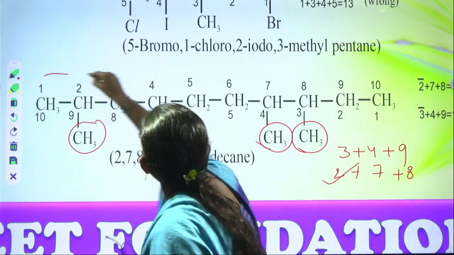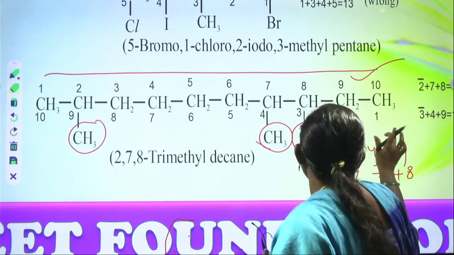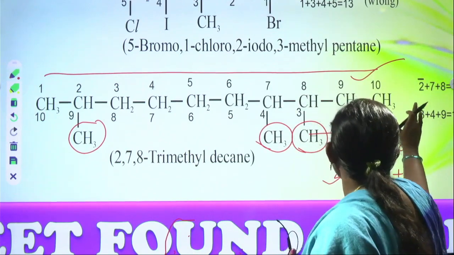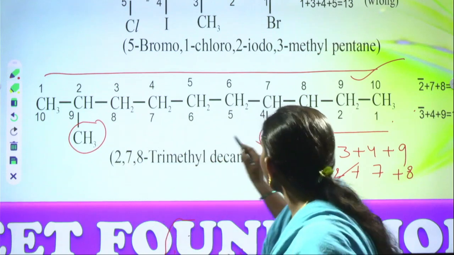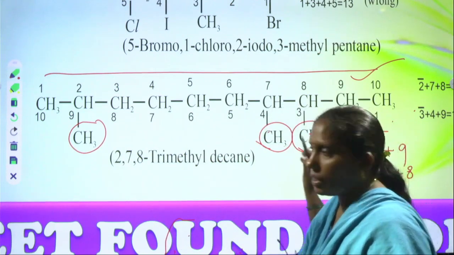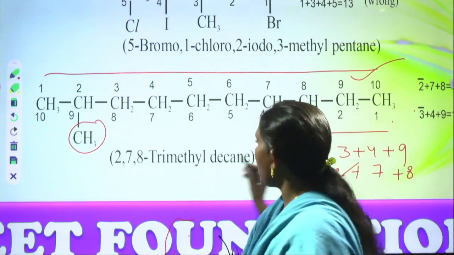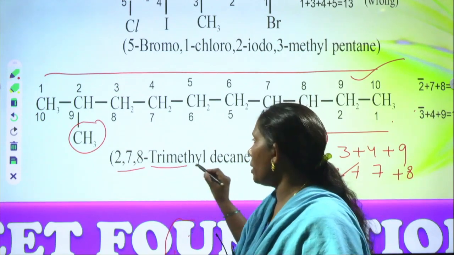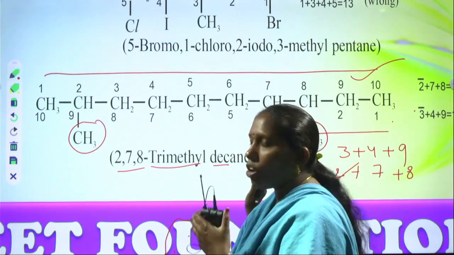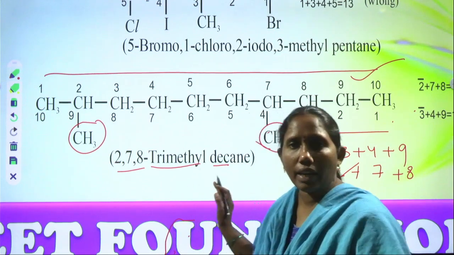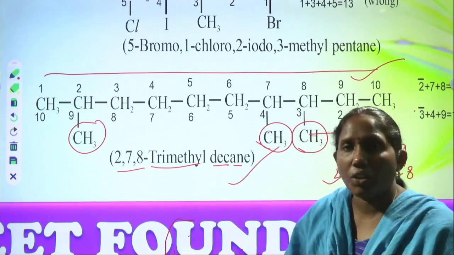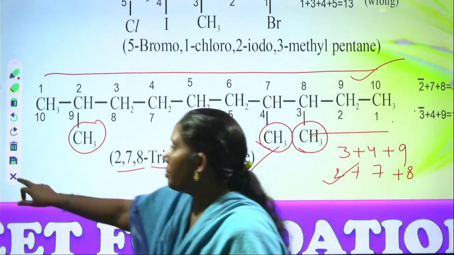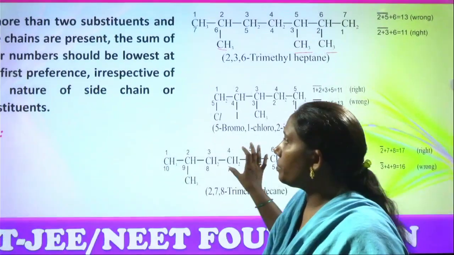So the numbering is 2, 7, 8, with 3 methyl groups. So 2, 7, 8, trimethyl, 10 carbon chain, so dec, all single bonds, ane. So the name of this compound is 2, 7, 8 trimethyl decane, right?